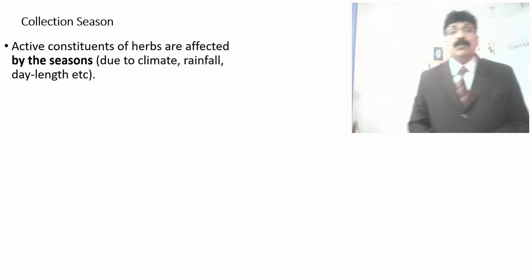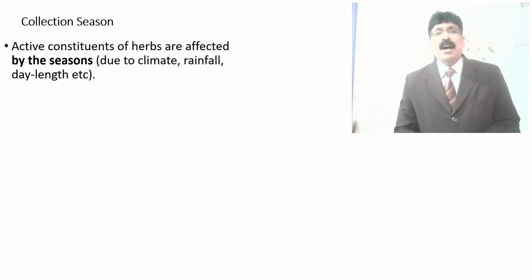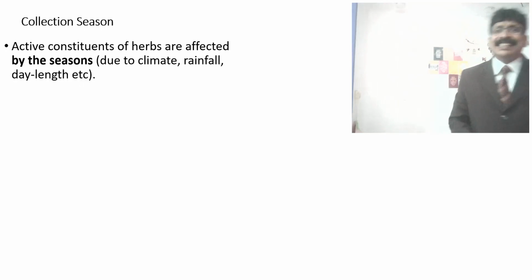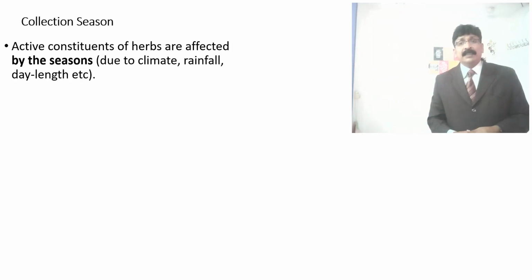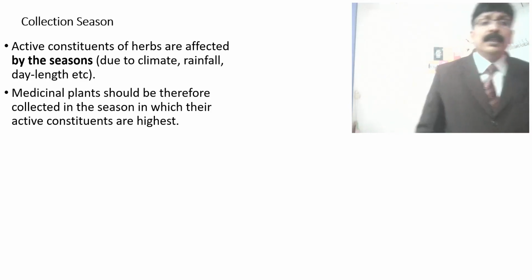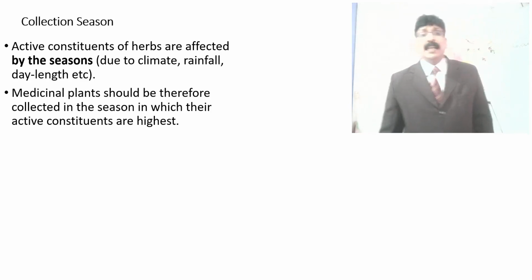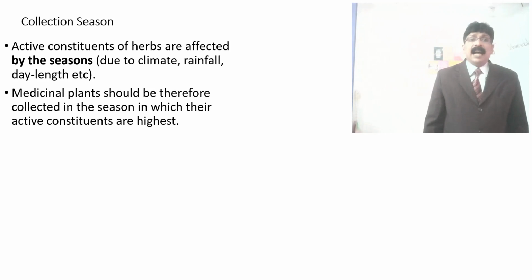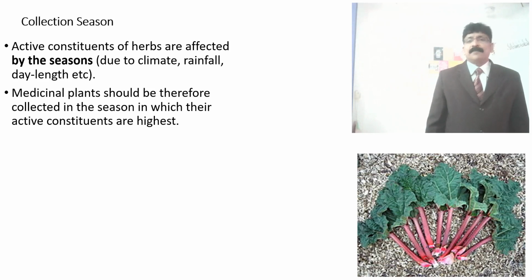Collection season also: active constituents of herbs are affected by the seasons due to climate, rainfall, day length, etc. Medicinal plants should therefore be collected in the season in which their active constituents are highest.